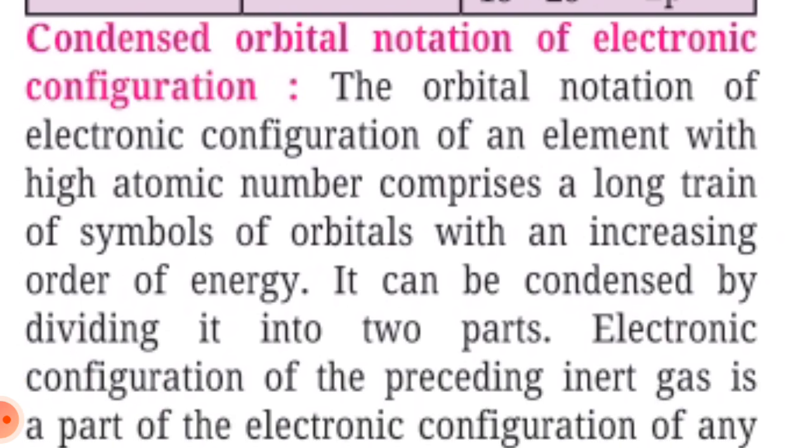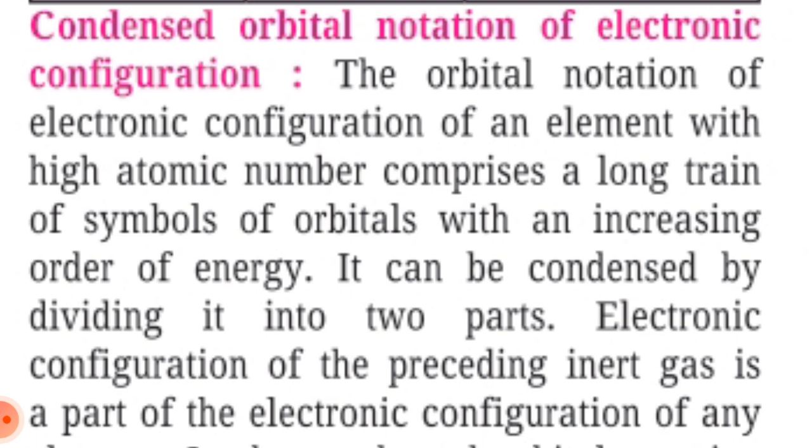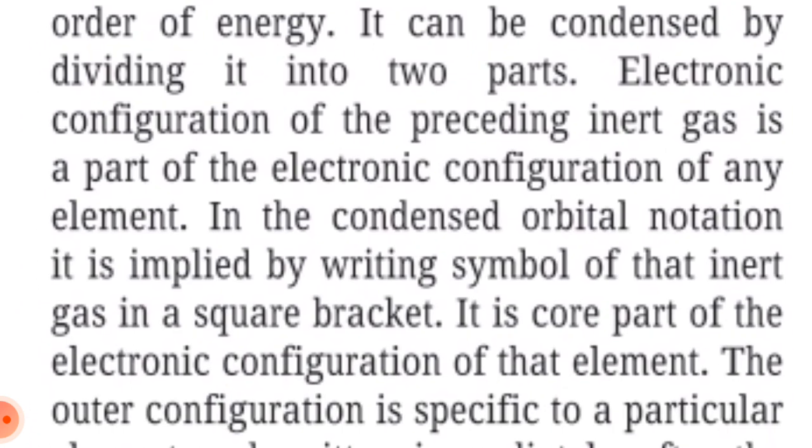Consider orbital notation of electronic configurations. The orbital notation of electronic configuration of an element with a higher atomic number comprises a long train of symbols of orbitals with increasing order of energy. It can be condensed by dividing it into two parts.